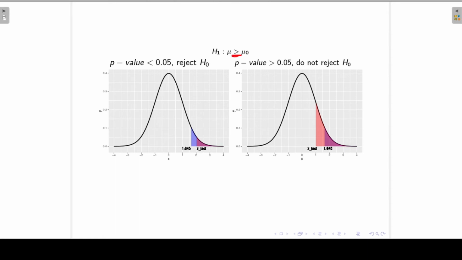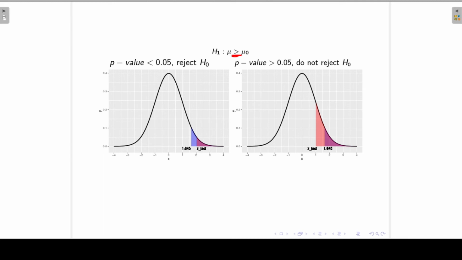So if you look here, if our alternative is right-sided, let's look at the graph on the left-hand side. So my critical value is 1.645. So the blue area is 0.05.